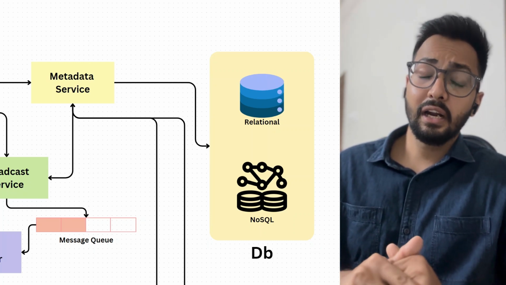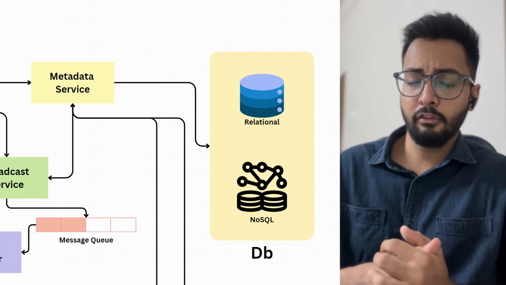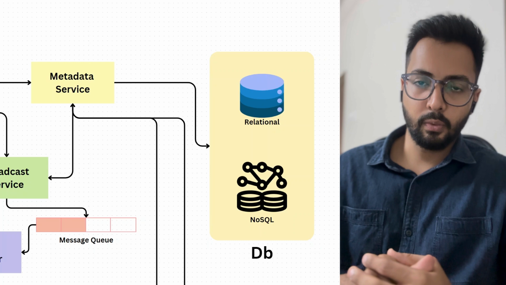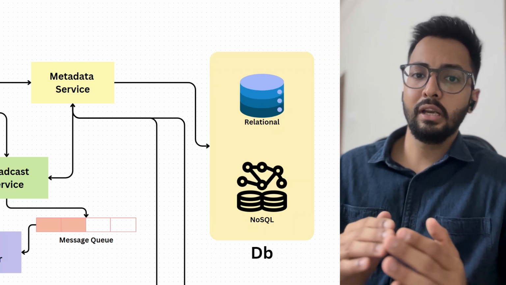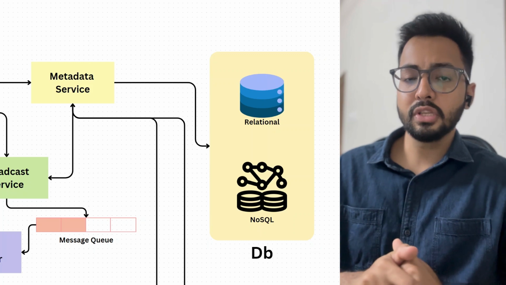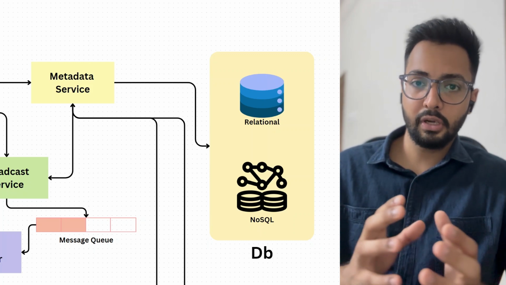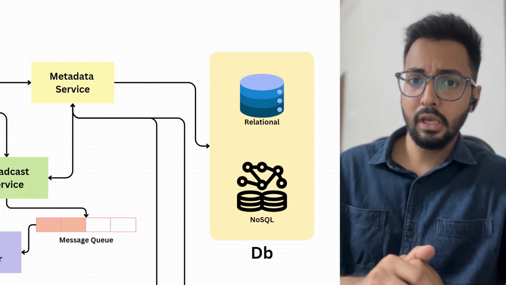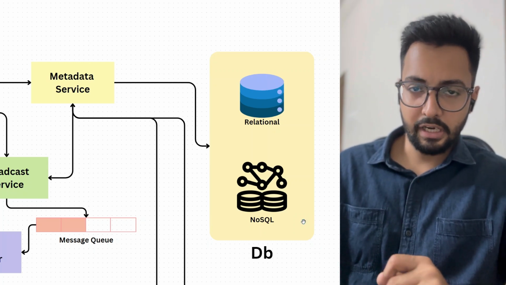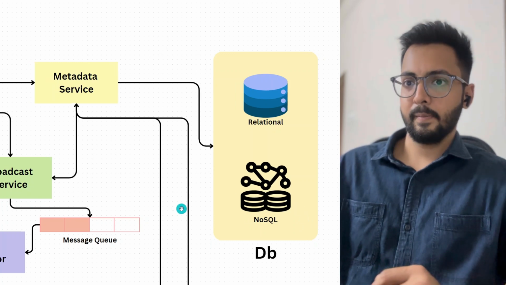And data required for analytics or recommendations is stored in a NoSQL database, because that data is in a large amount and needs to be processed through distributed systems. So Cassandra is used here as the NoSQL database.